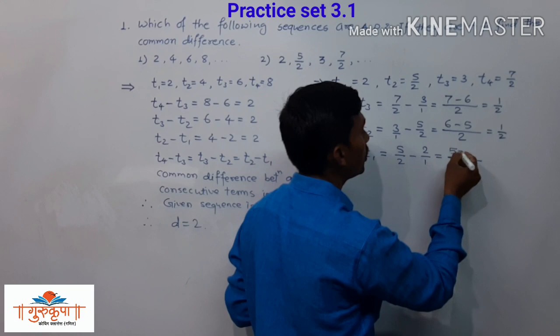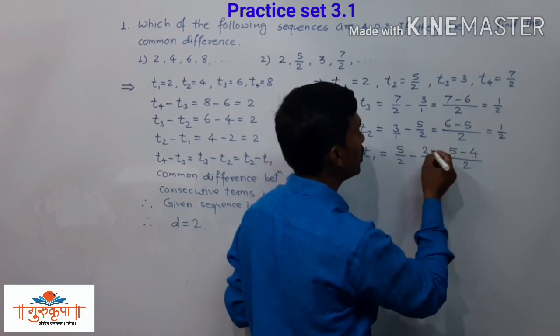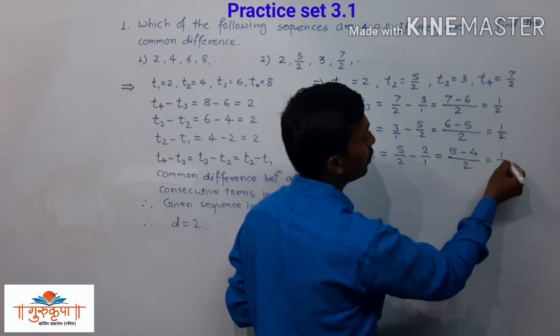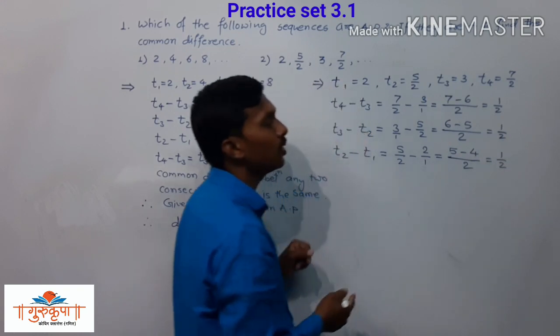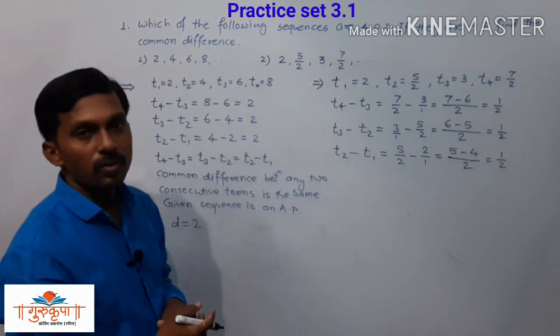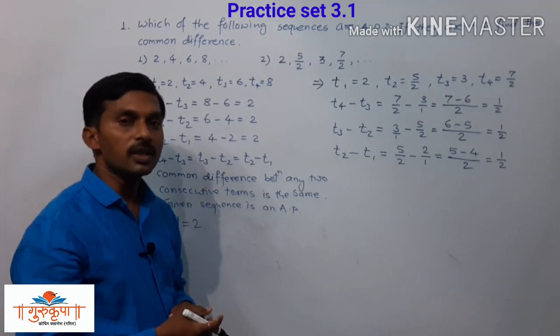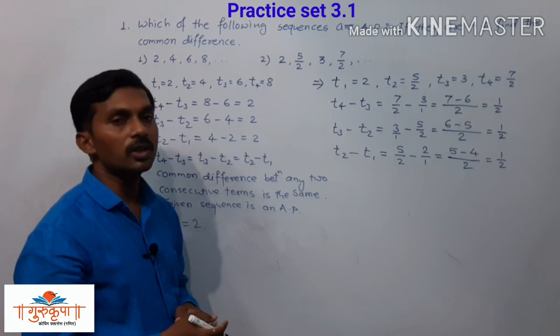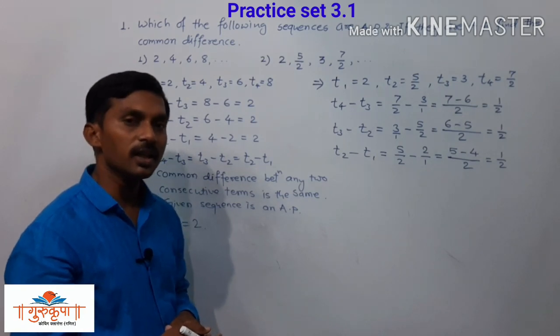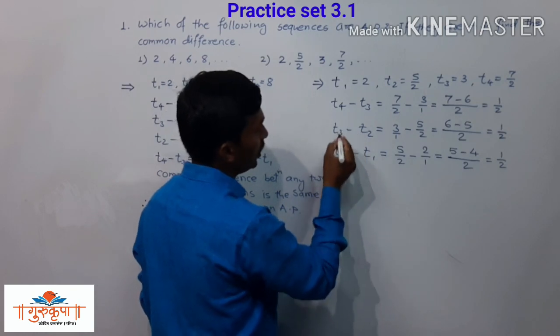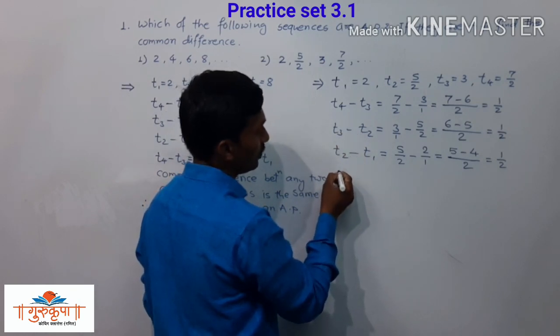Cross multiplication to the numerator, that is 5 into 1 is 5 minus 2 into 2 is 4, and this is again equal to 1 upon 2. So here also the common difference between any two consecutive terms is the same everywhere, so the given sequence is an AP.